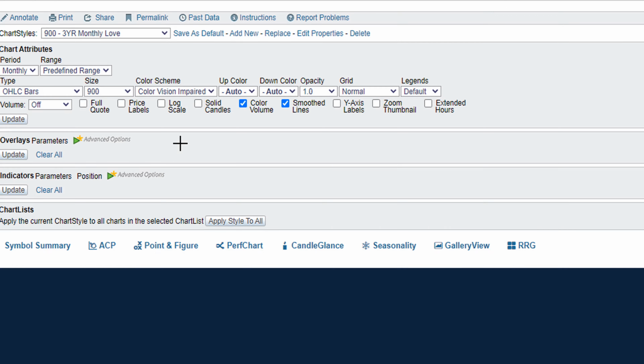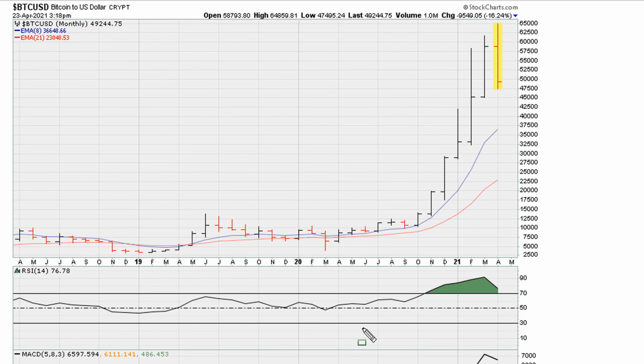One of the key observations for Bitcoin on the monthly is whether or not it can hold the RSI above 69.1. Again, on the monthly. As long as the monthly is above 69.1, there's a likelihood that there's going to be support, and eventually we try to break out again.